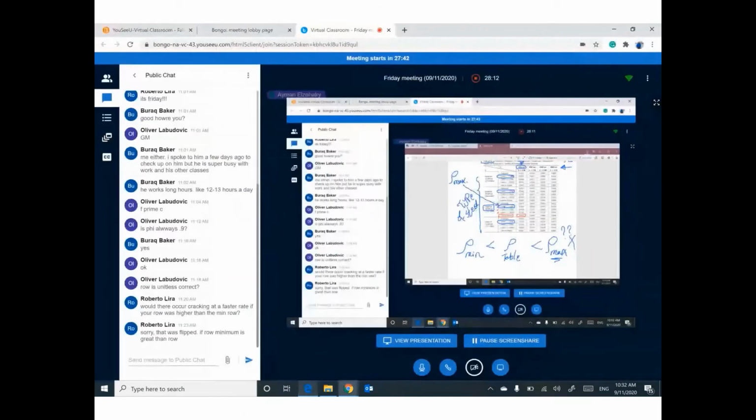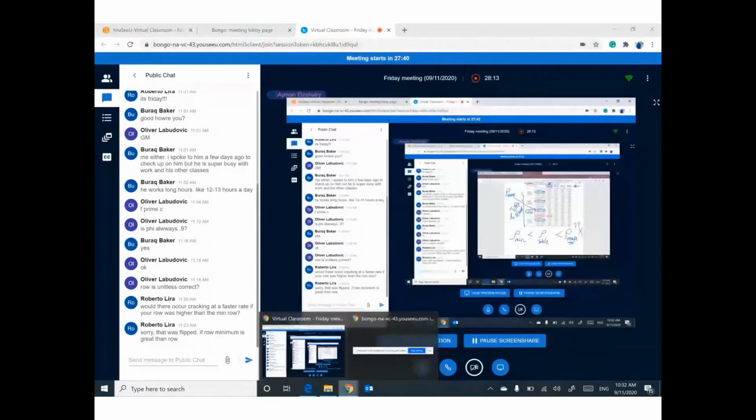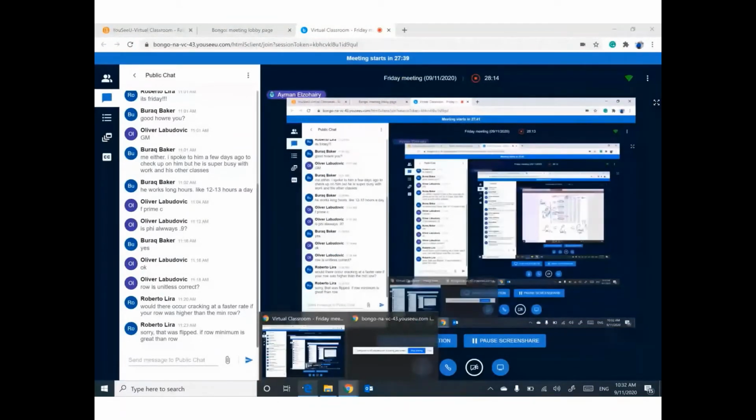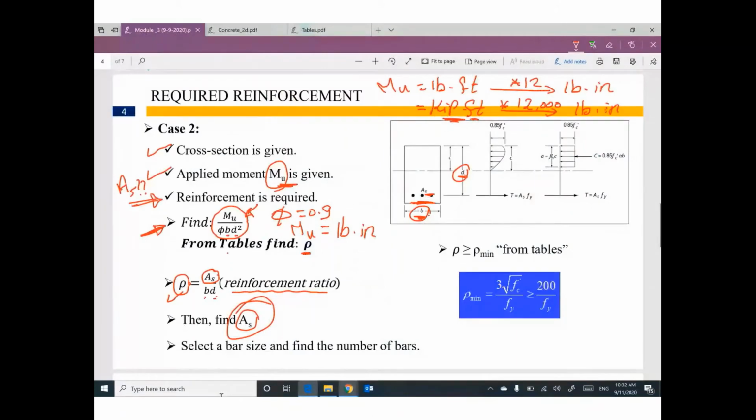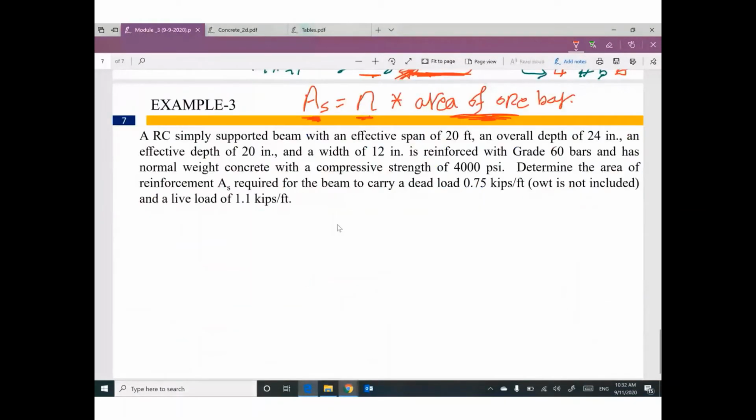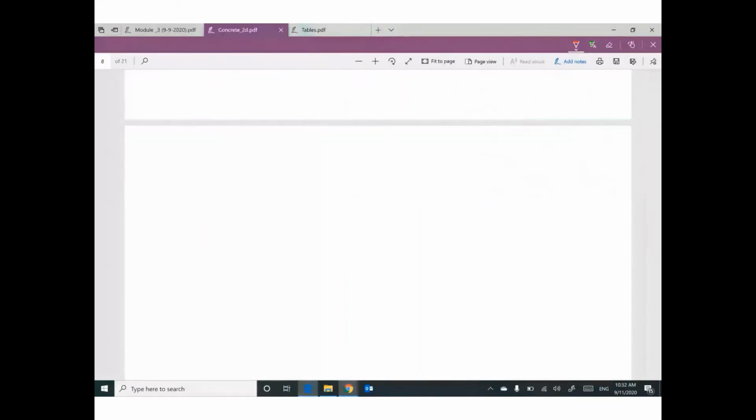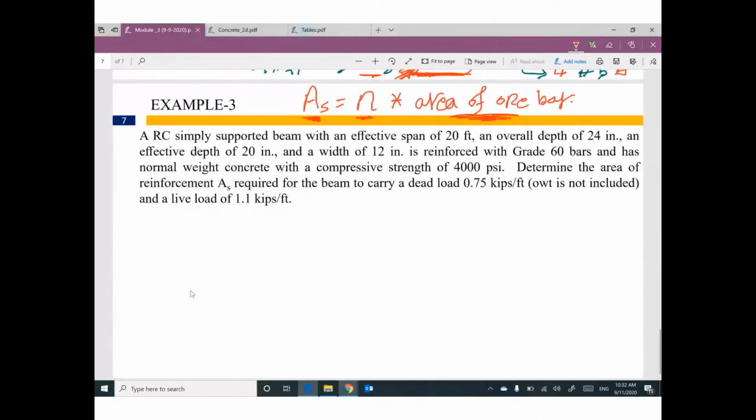Okay. One more example, but this example is a little bit more general. We will cover a little bit from structural analysis. Okay. Guys, we have an RC, reinforced concrete, simply supported beam.